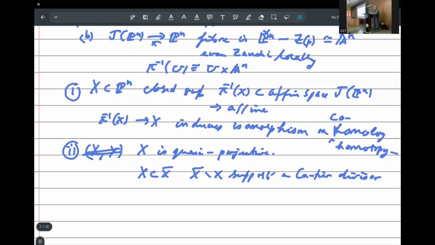So let's call this J of x in each case. Then J of x bar contains pi inverse of x, and the complement supports a Cartier divisor. J of x is affine. Okay, and pi inverse x complement supports a Cartier divisor.